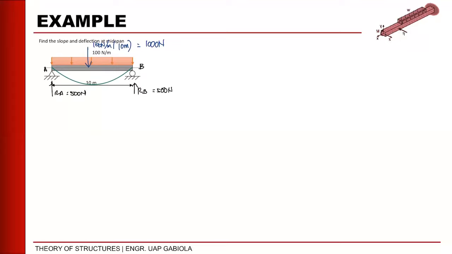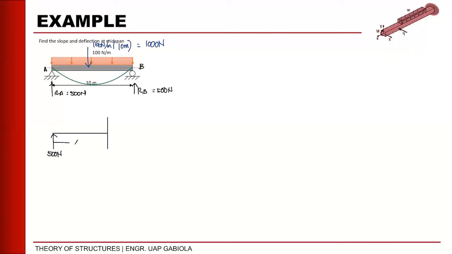Okay? And then, since we have only one loading, we can select any location. So, drawing our free body diagram, this is our cut section, at any part. And then this is our RA, which is 500 newtons.